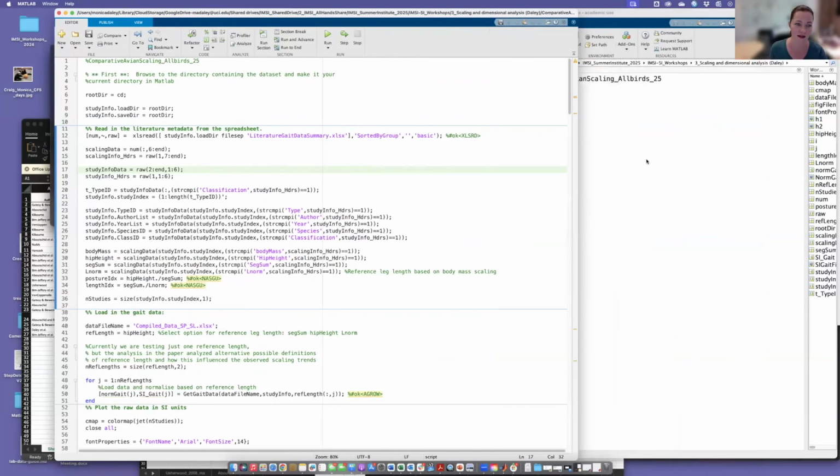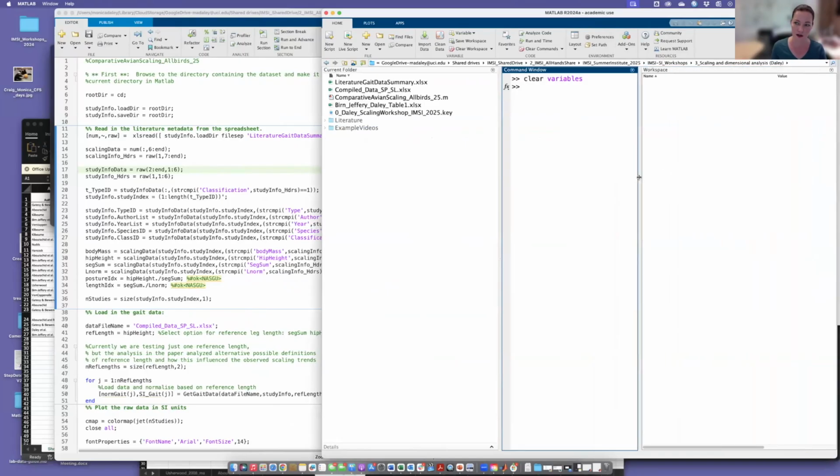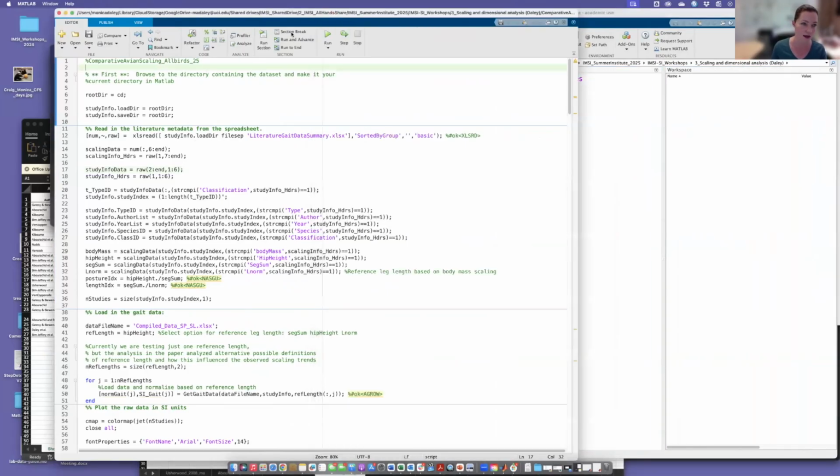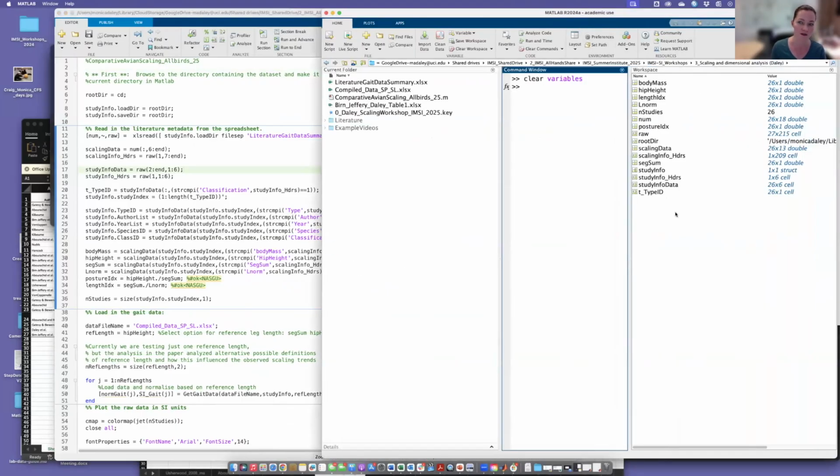So if you run that block, I'm going to have a fresh start here so that you can see things appear correctly when I run things. Run this section. After you run that section, you should have some data populated into your MATLAB workspace, okay?